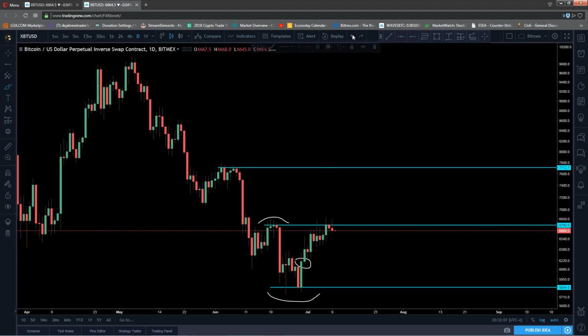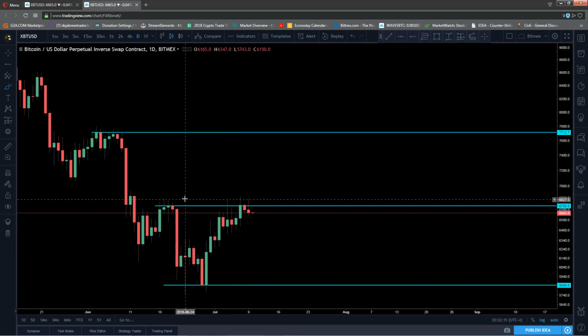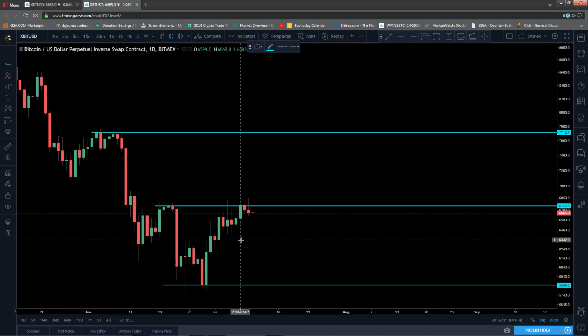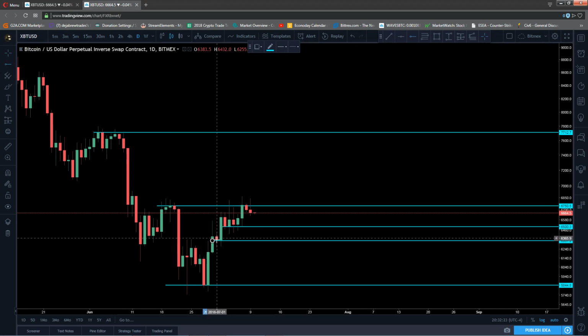Now, if we took this failure of this swing high, this almost double top pattern, you would be targeting the previous levels that are untested. Those are your two levels that are untested.